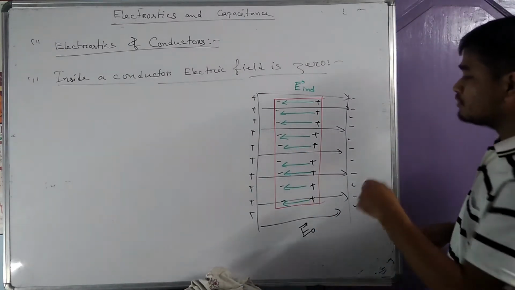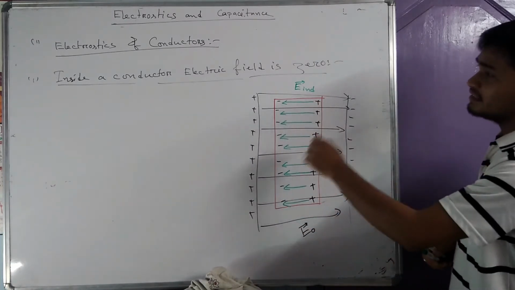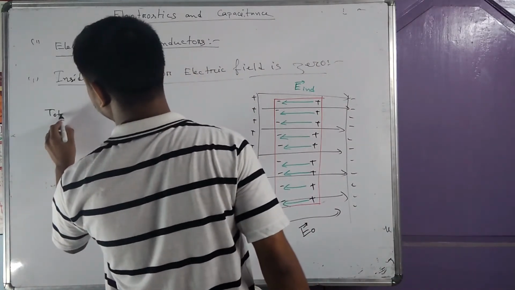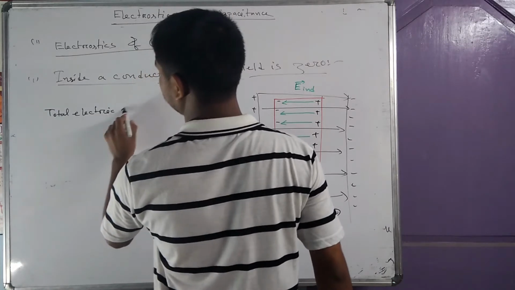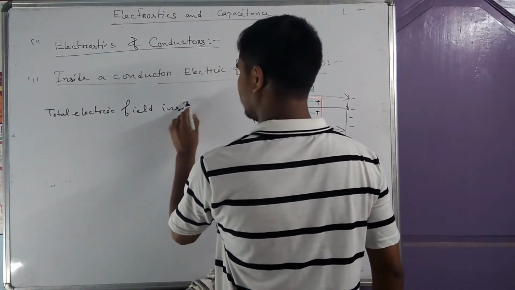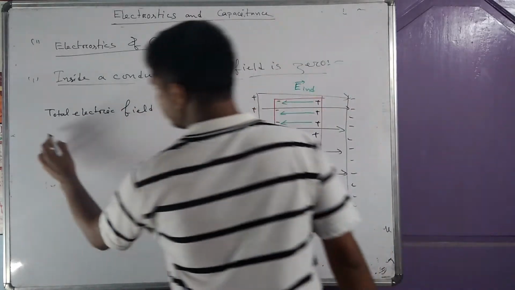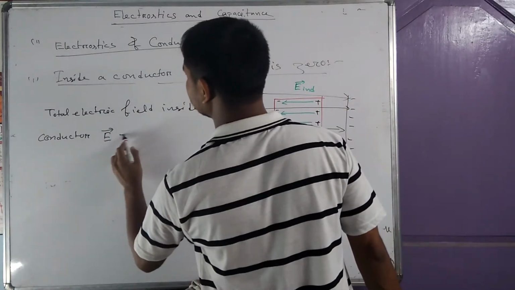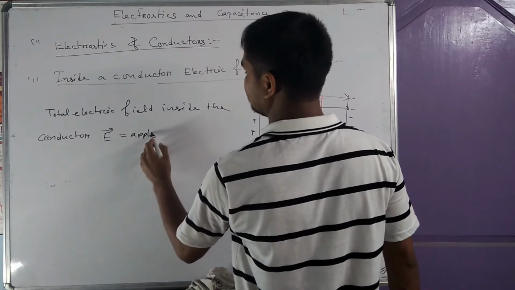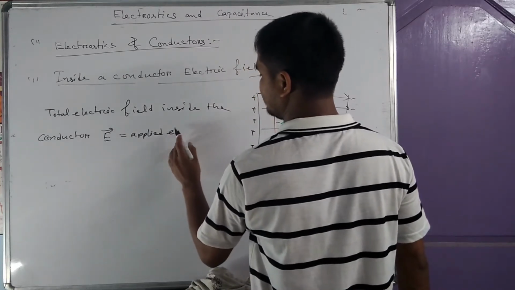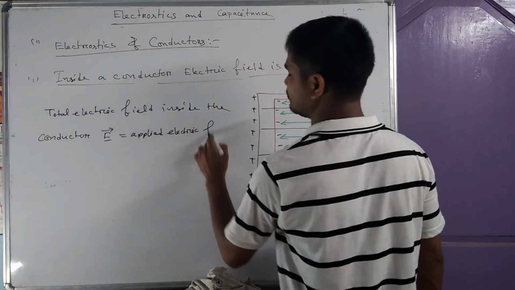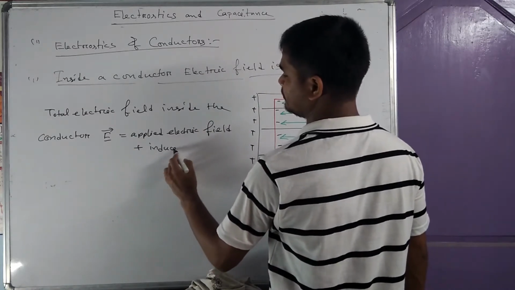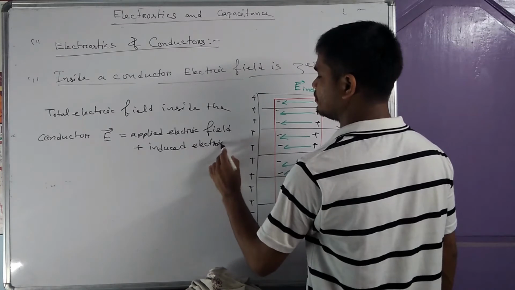Therefore, the total electric field inside the conductor, we can write, is the applied electric field plus the induced electric field.